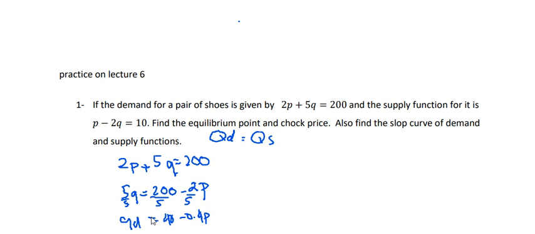Now for the quantity supplied, we have P minus 2Q equal to 10. So you transfer it to the other side.